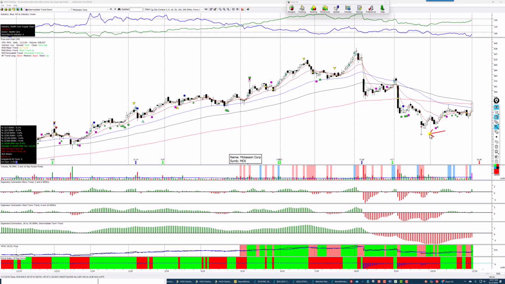Shot up, the 3 crossed the 6, came back down, then low volume test, no supply, low volume test, no supply. It's been drifting down, but today it's moving up. It's in the intermediate term trend down as of last night, but by using the most active up, we know that these stocks are moving up.